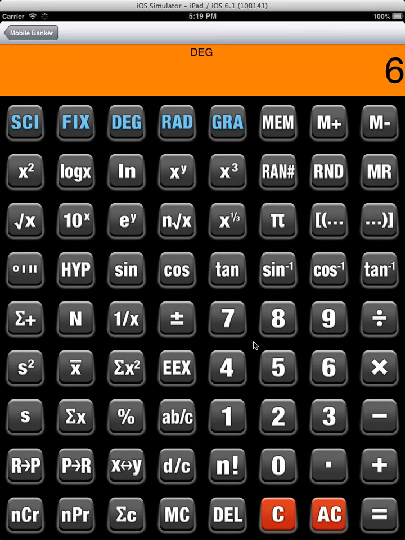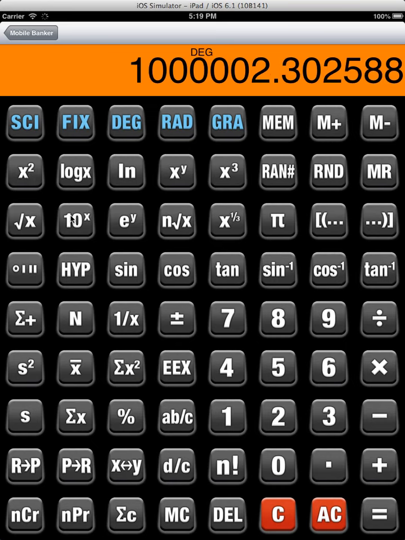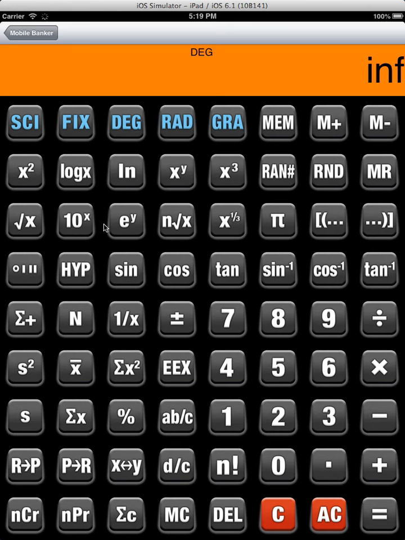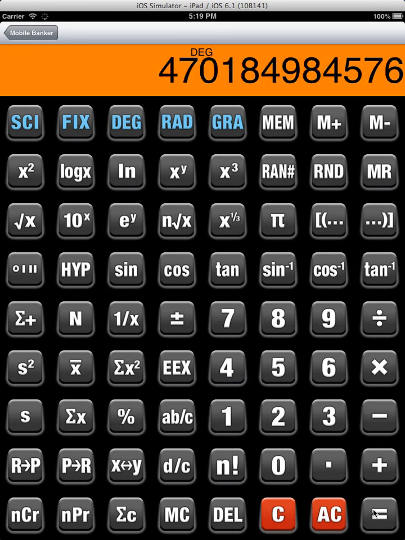And then let us get into square root, square, then 10 to the power x, e to the power y, and say 216 cube root and cube. So x to the power y, so this to the power 5 equals this, or square of this, and log of this, natural log.